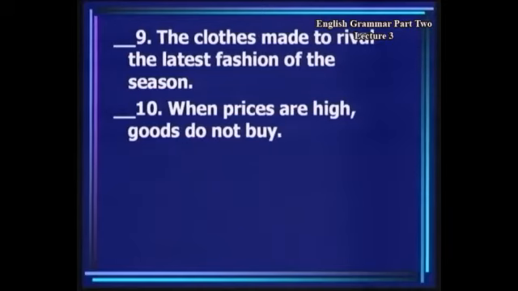They are made by someone. يبقى this sentence should have a passive verb. يبقى the clothes were made to rival the latest fashion of the season. وممكن برضو أقول the clothes are made to rival the latest fashion of the season.